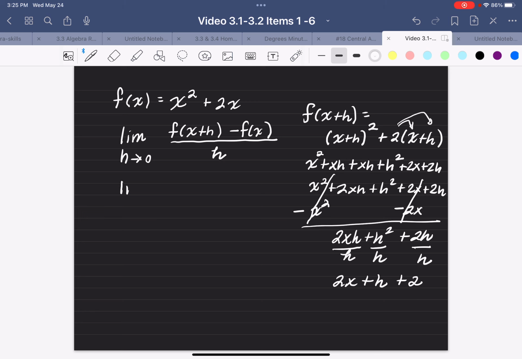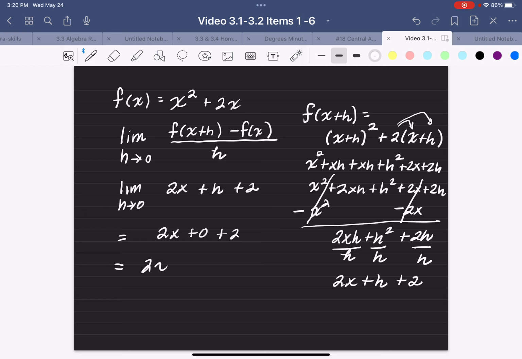So I've got the limit as h goes to 0 of 2x plus h plus 2. Now there's no denominator, so I can just substitute the value for h is 0, and that's going to be 2x plus 0 plus 2.